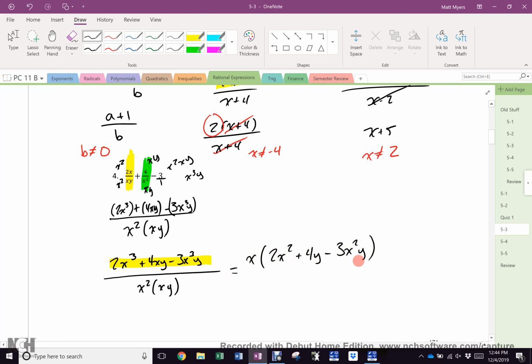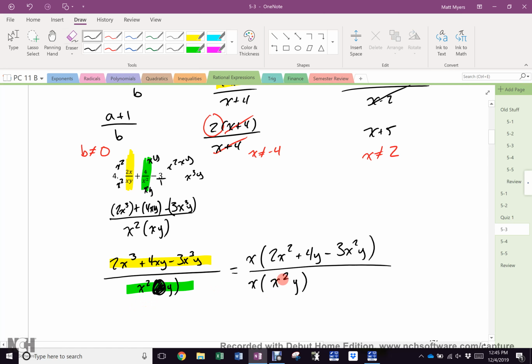Right? Over. What can come out of the denominator? x. Leaving me with x squared y. Because when I take an x out of there, if I take that x out, then I've still got an x squared, yeah?